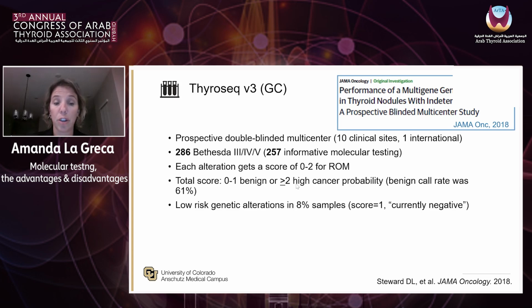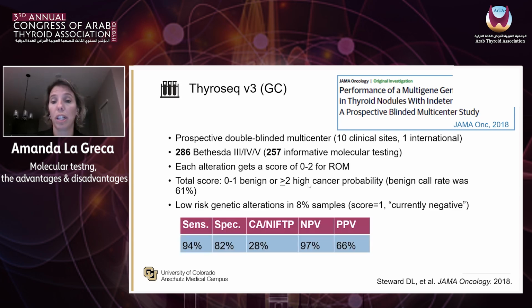Low-risk genetic alterations were found in 8% of the samples, which was given a score of 1, which is called currently negative. So on this ThyroSeq version 3, or GC, the negative predictive value was 97%, very similar to Afirma GSC.